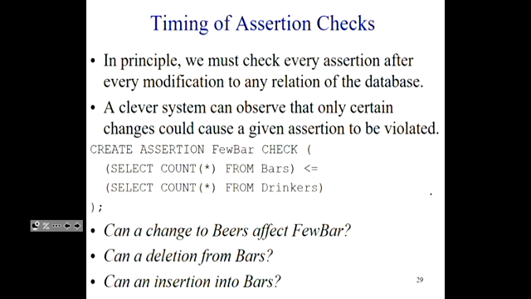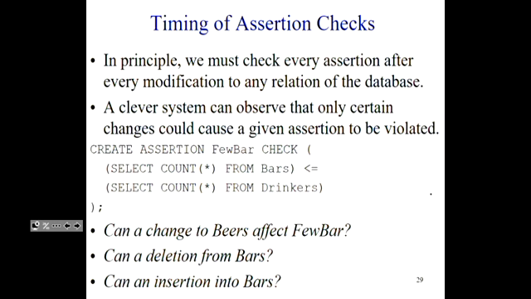Yes? So why do you think that? Because, now I'm doubting myself. Anyone else? Yeah? Because we assert that the bars should be fewer than drinkers, so any deletion will only make the bars even fewer.